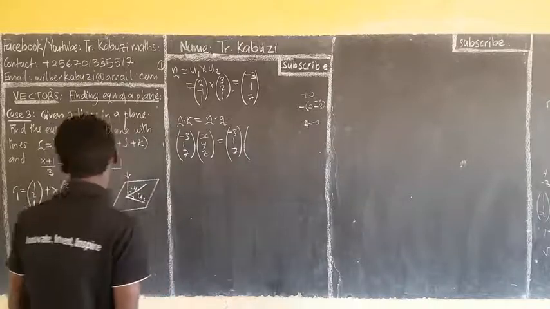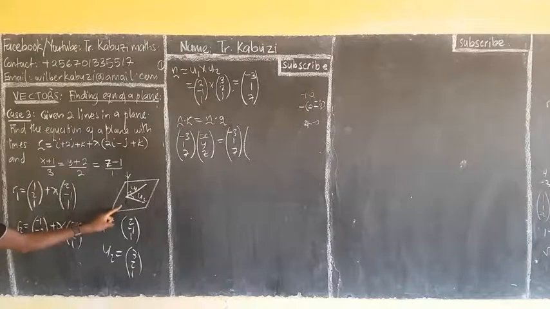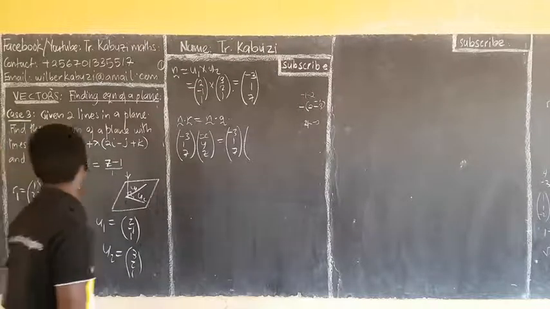Then now we choose any point from the line. So it's like when I pick this point, it is the easiest point. On these two lines, because these lines are in the plane, it means that even their points are going to be in this plane. So you choose any of these ones. So let me take this one, (1, 2, 1).